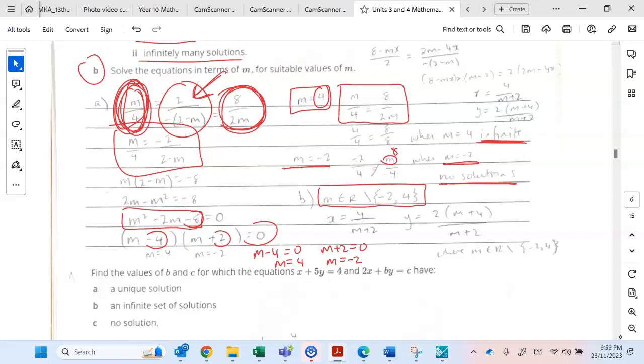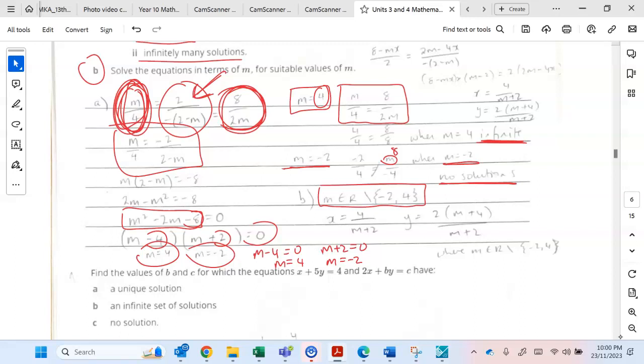Okay, so to have a solution, m can be absolutely any number except for m equals 4 and m equals negative 2. Because when m equals 4, we have infinite solutions. We've got the same line basically. When m equals negative 2, we have no solutions. There are parallel lines, they're never going to cross.